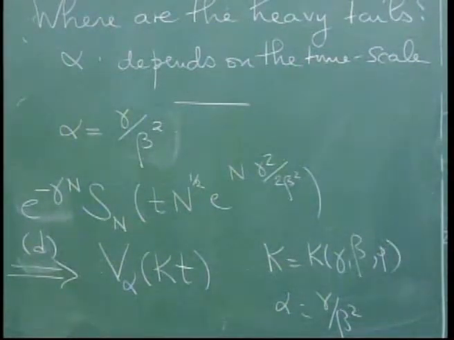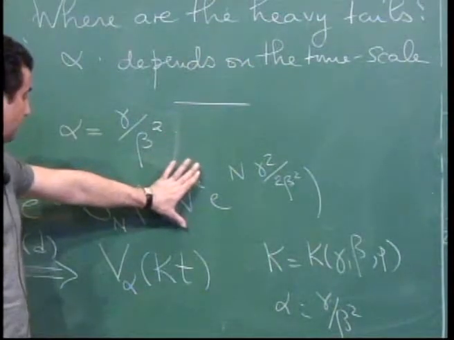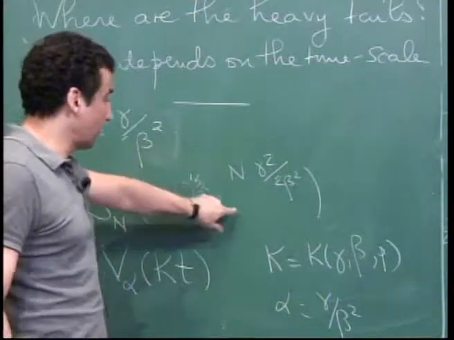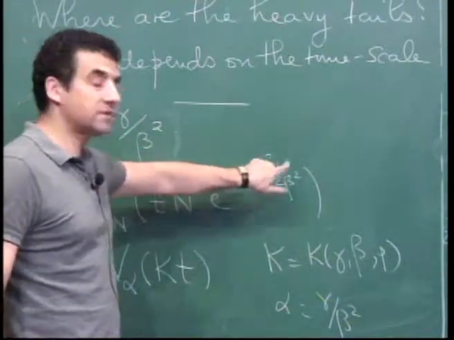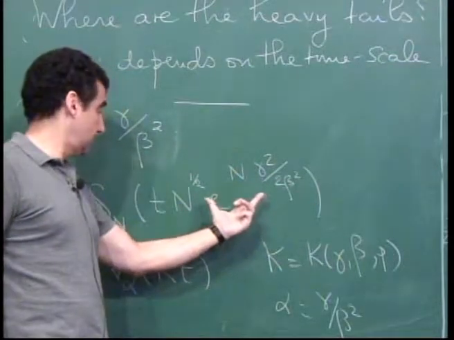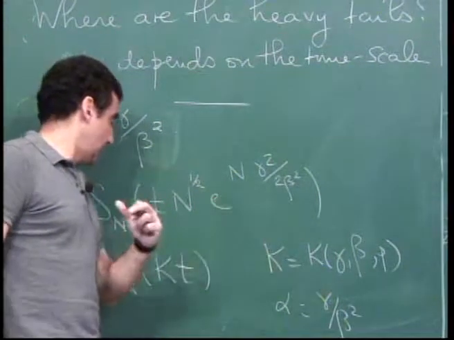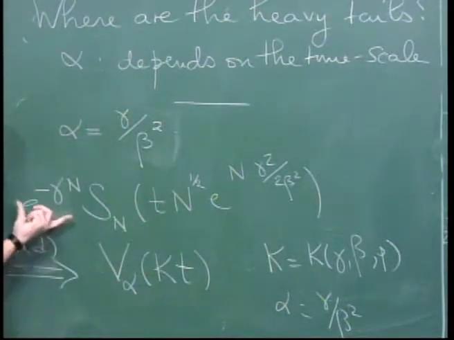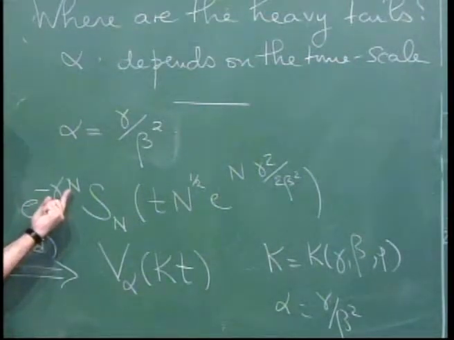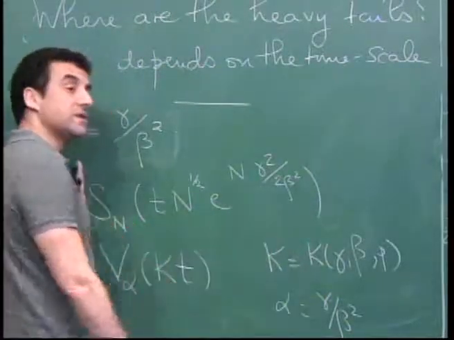So let's look at what this means. Forget this square root of n for the moment. So this says I'm taking a time scale of this order, exponential n times this constant. And in this time scale, that's not a time scale, the number of jumps. If I look at it at the time scale exponential minus gamma n, this is the time it takes to do this number of jumps, essentially.